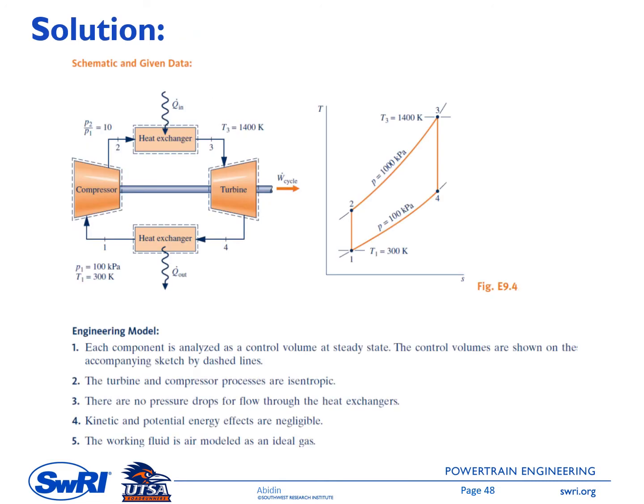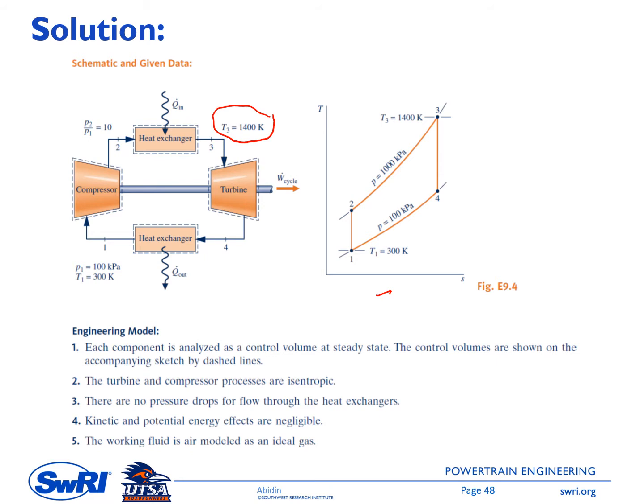On the left side is the schematic of the system. We have a compressor, and the point 1 state is given there, 1 bar, 300 Kelvin. At point 2, we don't have the pressure and temperature, but P2 is 10 times P1. At point 3, temperature is given, 1400 Kelvin, and then the turbine will do an expansion process.